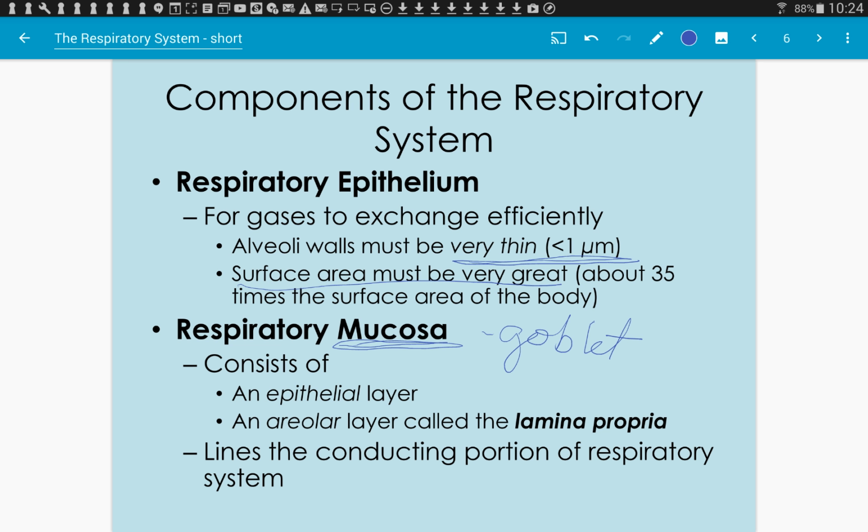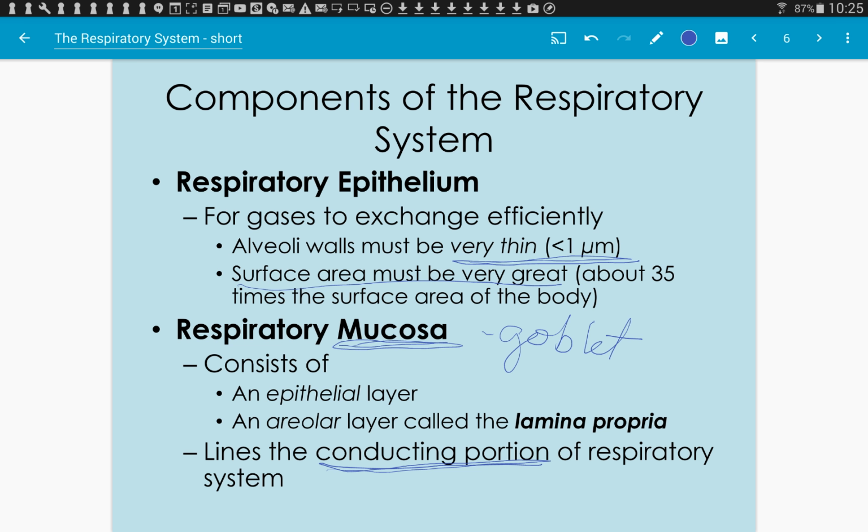The respiratory mucosa, the part with all the mucus, is lining only the conducting portion. Only in the conducting portion will you have that mucous membrane. You don't want a mucous membrane in the respiratory portion, because it's going to block the ability for gas to diffuse across that respiratory membrane. With a thick layer of mucus, how is gas going to pass through the alveolar wall? It's not going to.